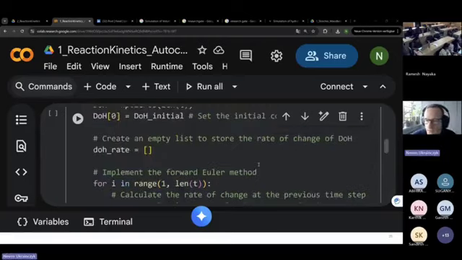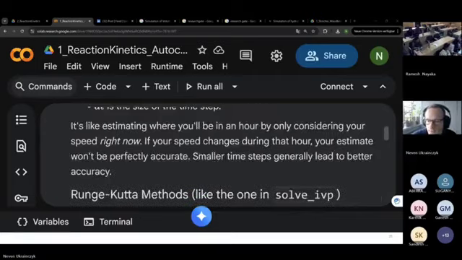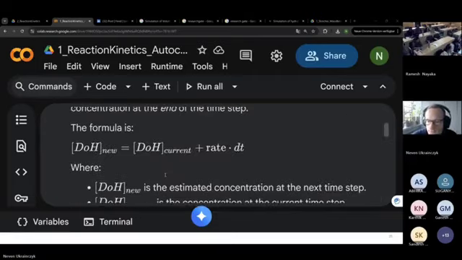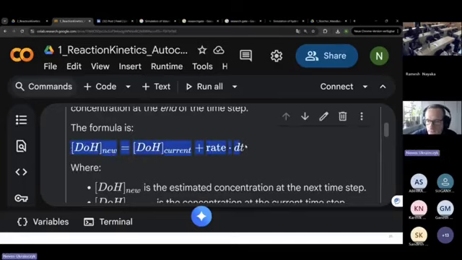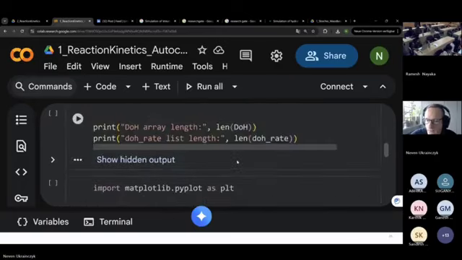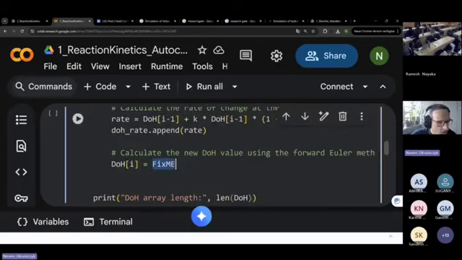You can already see the equation here actually. This is the degree of reaction. The new one is the old one plus the rate times the delta T. Then you can calculate the degree of reaction. So you should put this equation here.